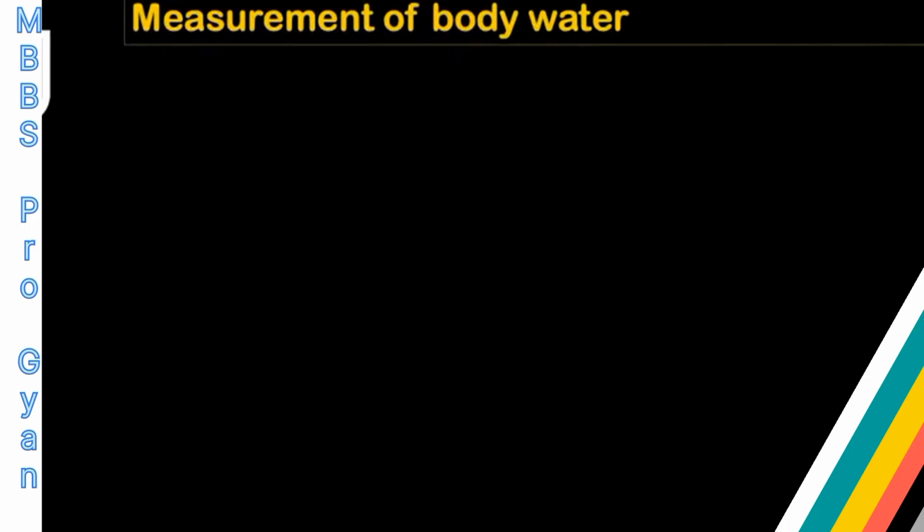Right. How will you measure the body water? Simply you can say that if you know the body weight of the person, suppose the body weight is 70 kg, I know how to calculate the different body water, like for total body water, ECF, ICF, that I have already shown you. But always remember, that is an approximate calculation of the body water according to the body weight.